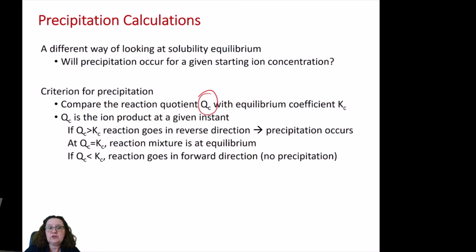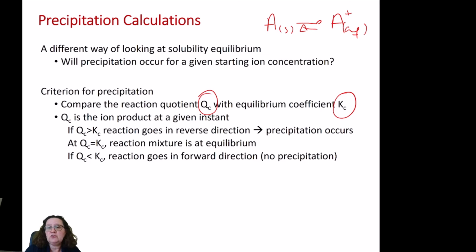So if the reaction quotient is greater than the equilibrium constant, then the reaction will go in the reverse direction. If you have a chemical in solid form and you are looking at whether it will dissolve, making, let's say, a positive ion, you find the equilibrium constant for that reaction.